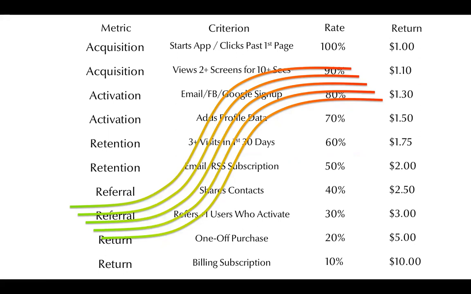Retention, they have to keep on coming back to your offering or to your ecosystem. If they don't, then you've got no ability to be paid for that activity, unless you happen to be some sort of 24-hour gym. Referral, you want the people who are involved to bring other people into your ecosystem. This is the viral cycle. And then you do have to be able to get paid. The return end of this is important.